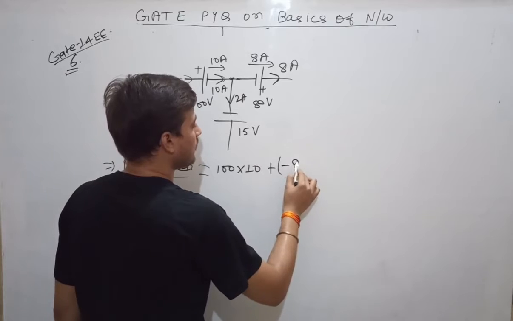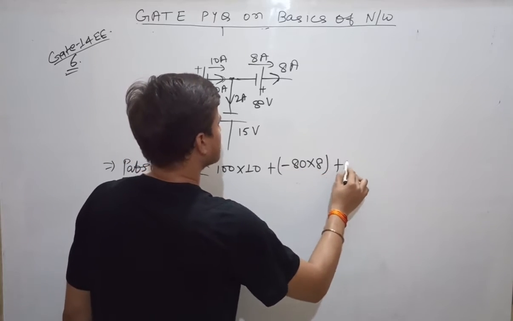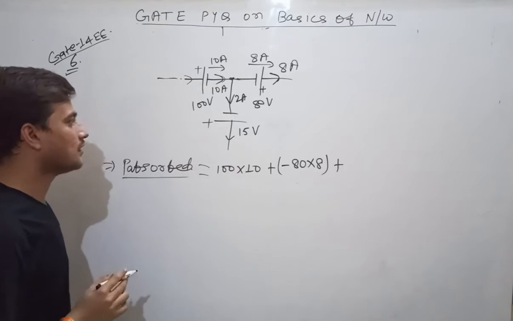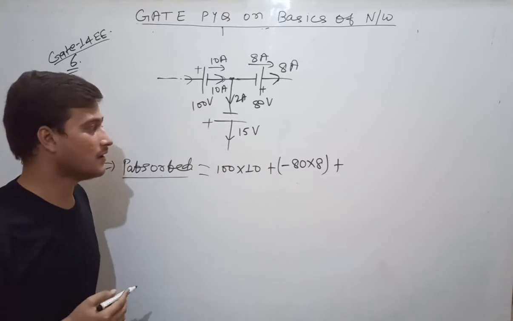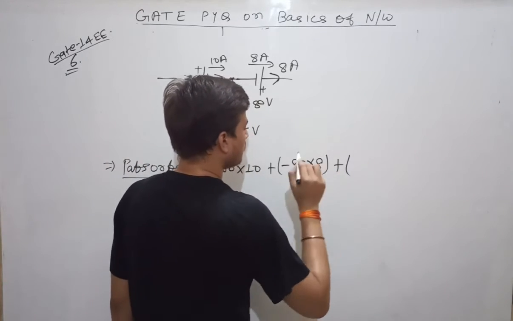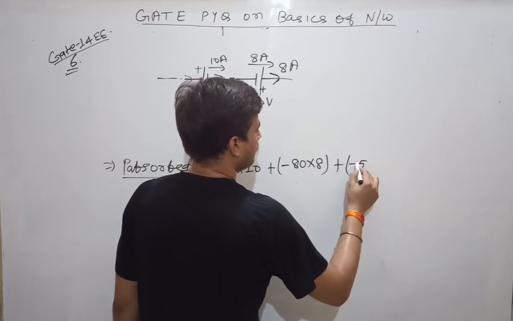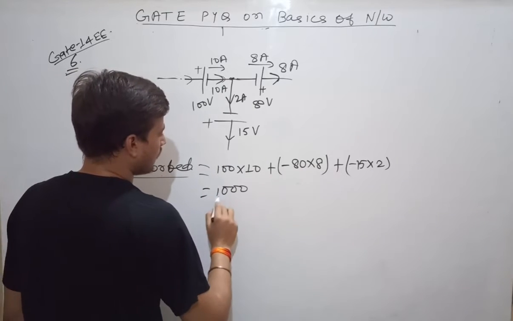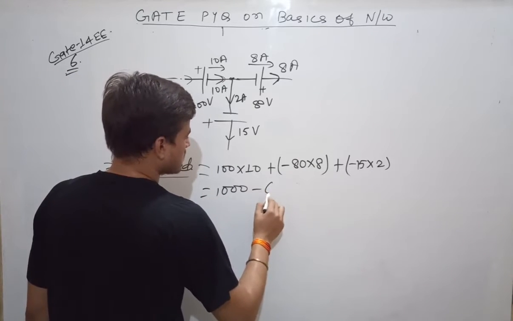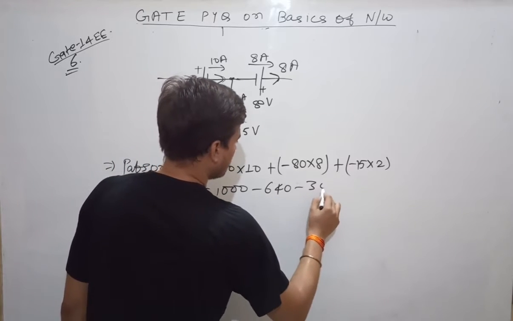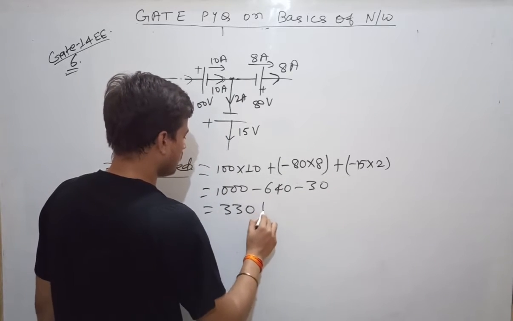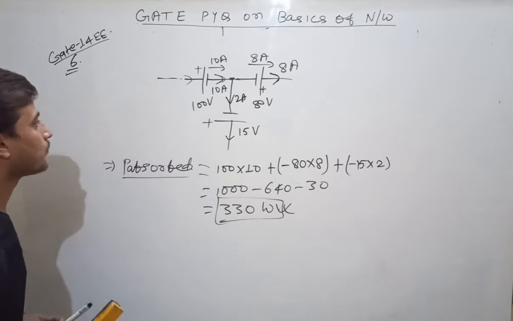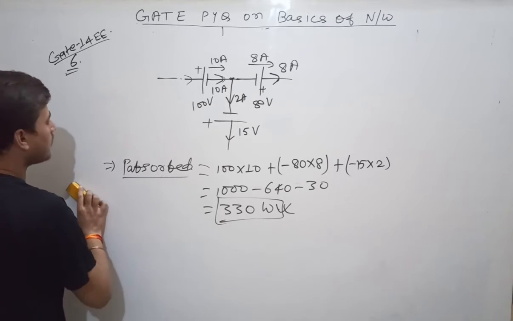So here it will be 80 into 8, plus third case. In the third case, current is coming out from the positive terminal, that means power is being delivered by this battery. So here again it will be minus 15 into 2. That means 1000 minus 640 minus 30, that means 330 watt. So power absorbed is equal to 330 watt.